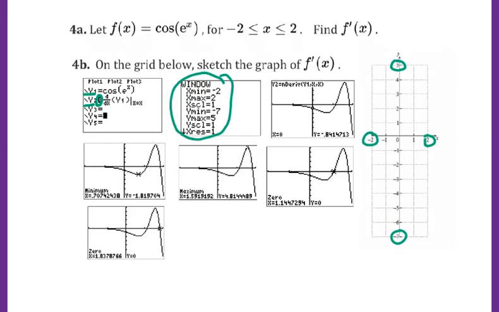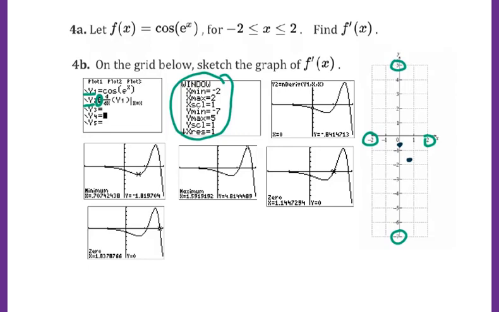Therefore, we got the y-intercept that will be -0.84. Just estimate, over here. Then for the minimum value, that's 0.707, -1.8. So suppose this is 0.7, then -1.8 will be here.